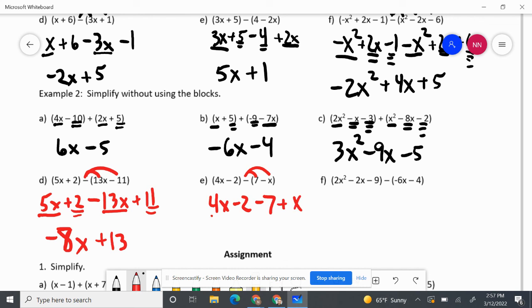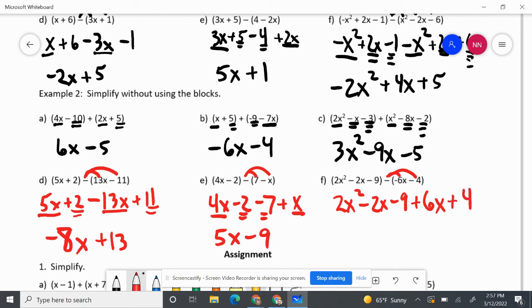Once again, I'm looking at my like terms. 4x and x would be 5x. -2, -7 would be -9. And my last one, I distribute the negative to each of the terms. So 2x squared minus 2x minus 9. That would be a plus 6x and then plus a 4. I have a 2x squared, and then -2x, positive 6x is positive 4x, and -9 and positive 4 would be -5.